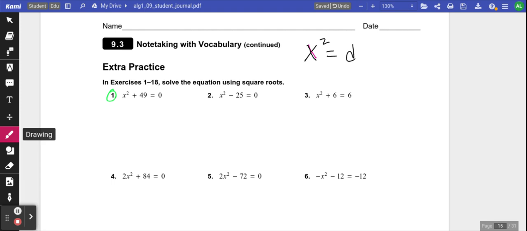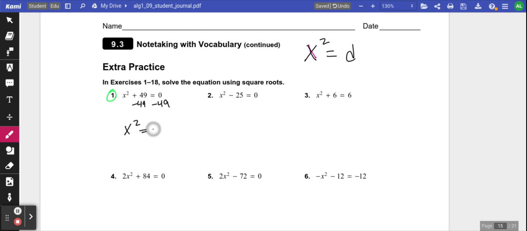You don't want anything other than what is being squared on one side of your equation. So we're going to have to do a little bit of algebra to get just x squared equal to some value. So I'm going to subtract 49 from each side.